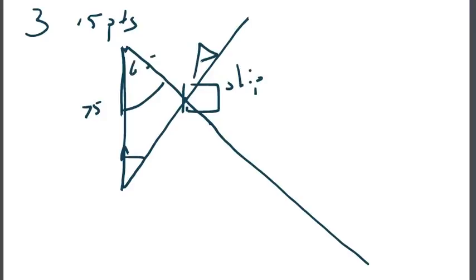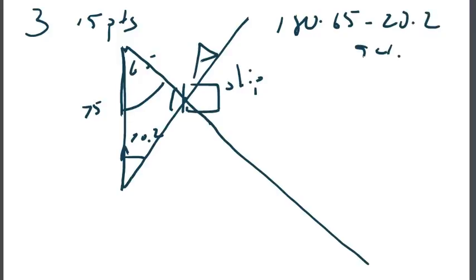This angle is 20.2 degrees. That means we can find this angle is 180 minus 65 minus 20.2 is 94.8. So for this problem, the sketch is 2 points, and calculating this is 5.